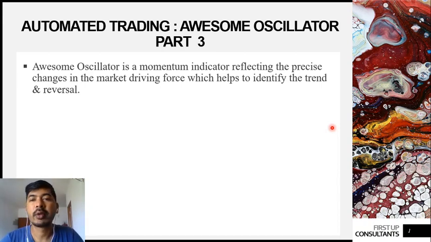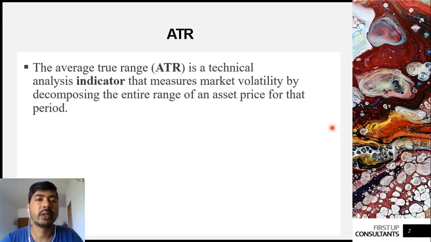Along with the awesome oscillator, we will also be using the ATR, the average true range, which will help us map the volatility and then design the algorithm accordingly so that we are always in tune with the momentum which is moving the instrument, and that will help us increase the probability of making profit.